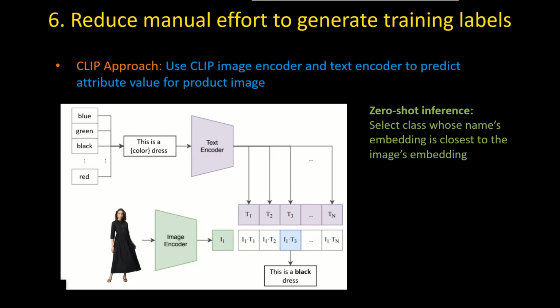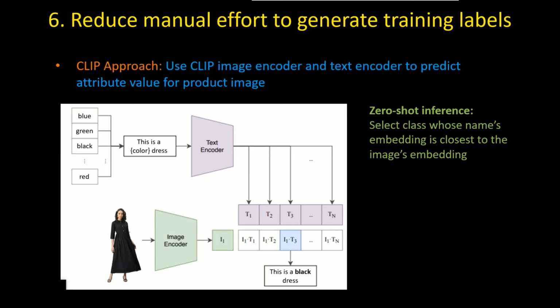In more detail, we first compute feature embeddings of the product image with the image encoder and the feature embeddings of the set of possible texts with their respective encoders. We then predict the attribute value with the maximum cosine similarity of the embeddings.